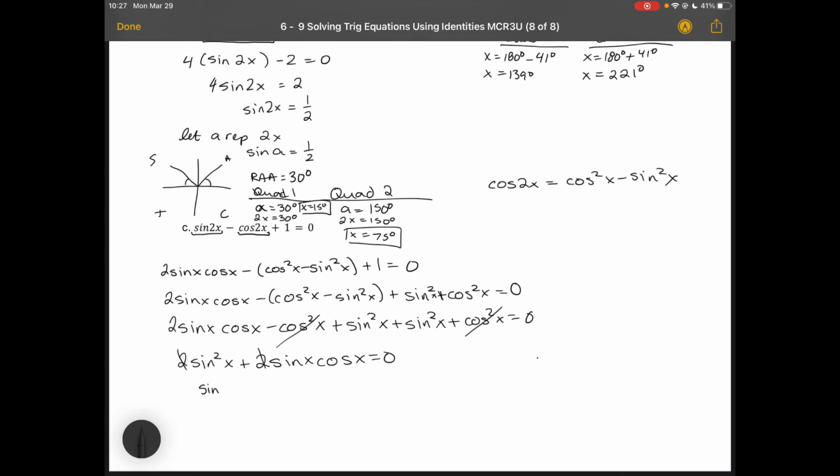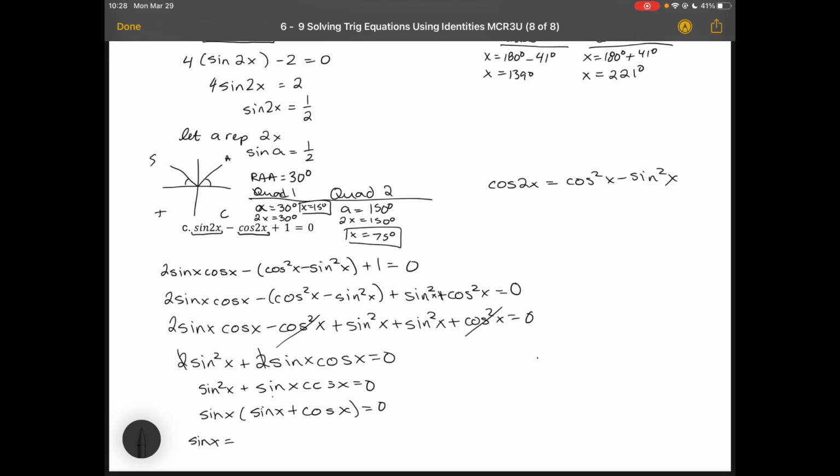The right-hand side is equal to 0, so I can do that all the way through. And then I'm going to factor out sine x from both of those terms. So now I'm going to have sine x times sine x plus cos x, which is going to be equal to 0.